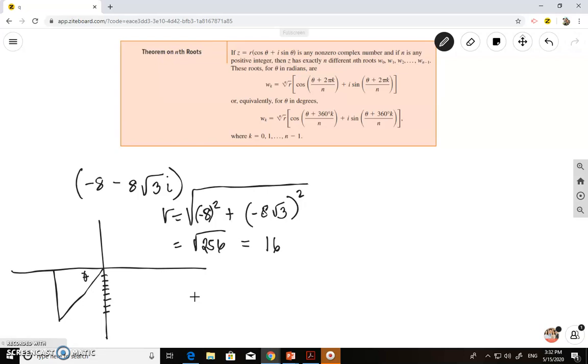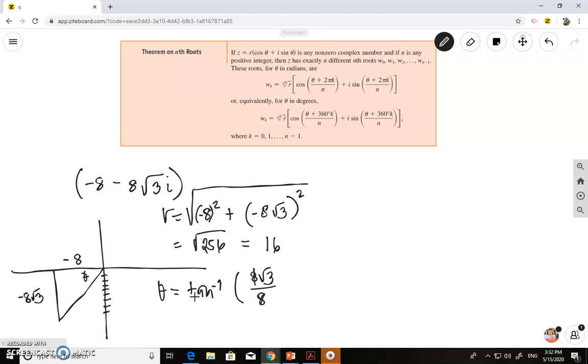How about our theta? This one is our negative 8, and this one is our negative 8 square root of 3. So tangent inverse is opposite over adjacent, so we will have 8 square root of 3 over 8.